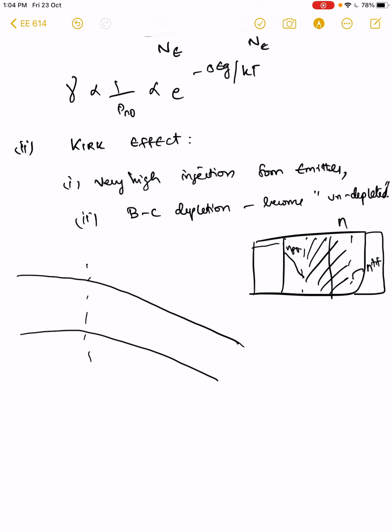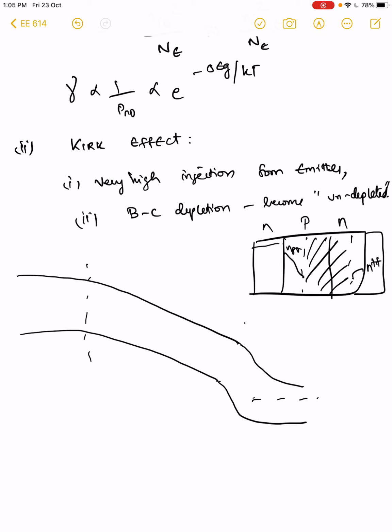So this is the N-type collector, this is the P-type base, and this is the N-type emitter, right? And I have an N++ collector. So I have an N++ junction which will also have some sort of band bending, caused due to just an N++ junction. So I will have some kind of band bending here.